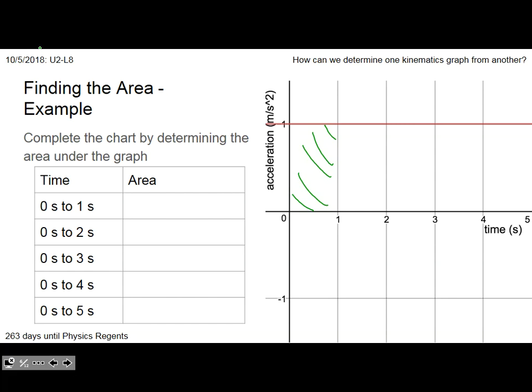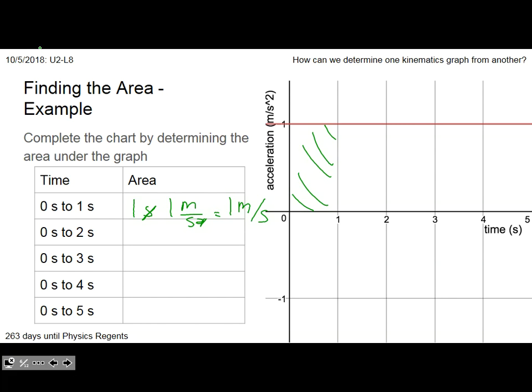I just have to do base times height. How wide is the rectangle? 1 second. How tall is the rectangle? 1, and the units, meters per second squared. So what is that area? 1 meter per second, because this second cancels one of these.